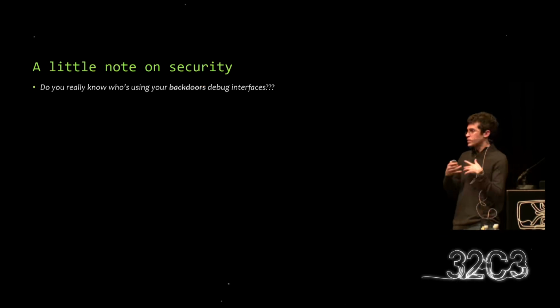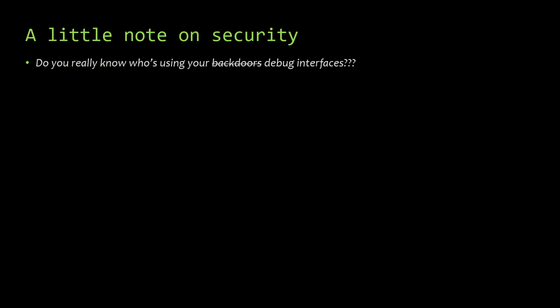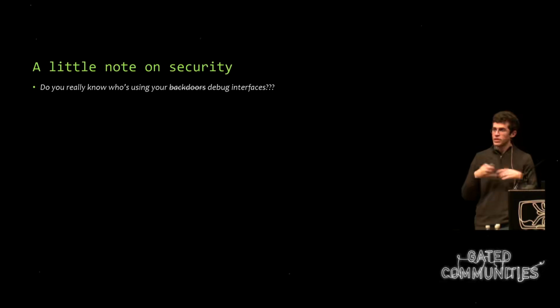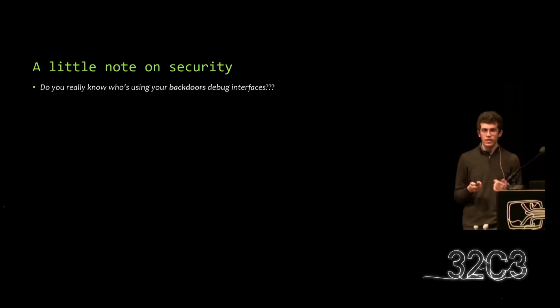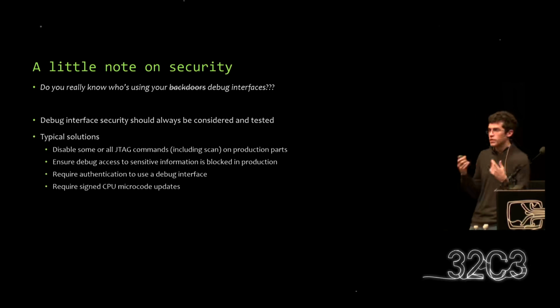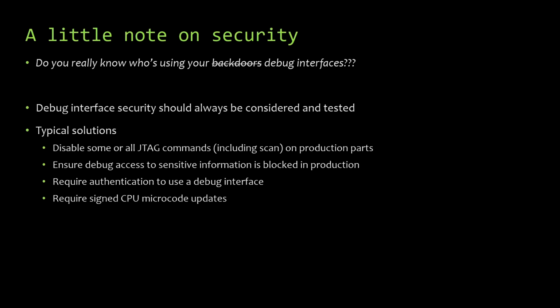So since a lot of us are security people, I felt like I should mention something about security. All of the debug interfaces that I've mentioned here might be considered more than debug interfaces to some, and that's something that can't be ignored. Debug interface security needs to be something that's part of the design and is tested.